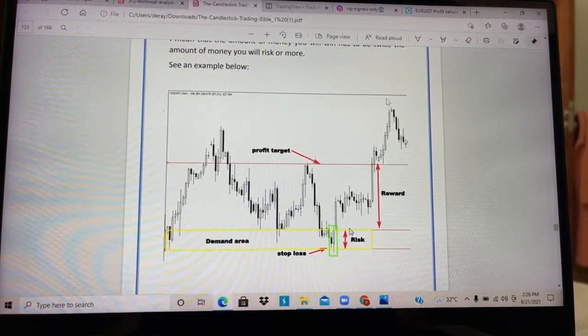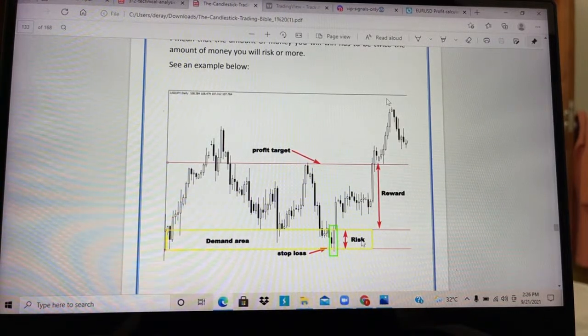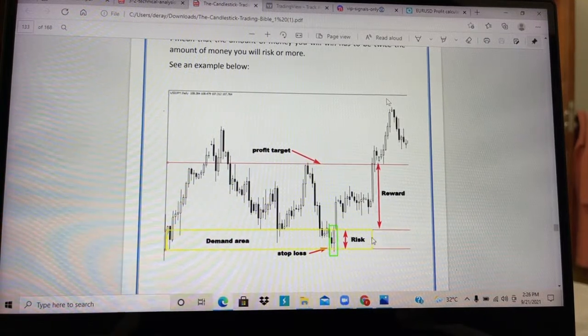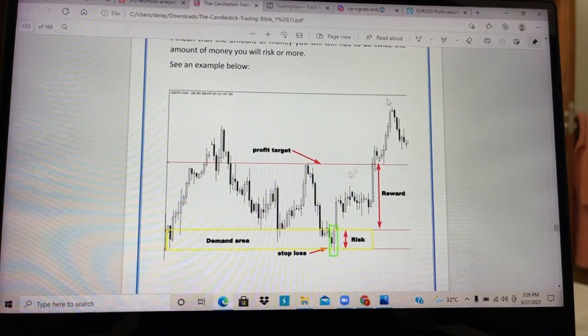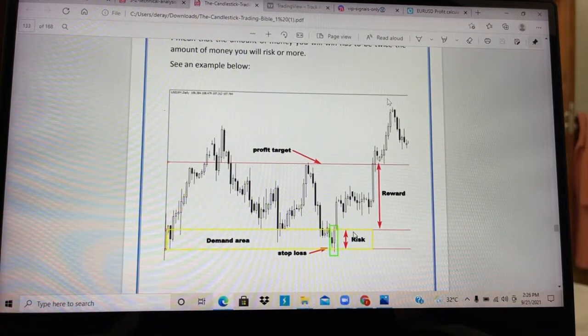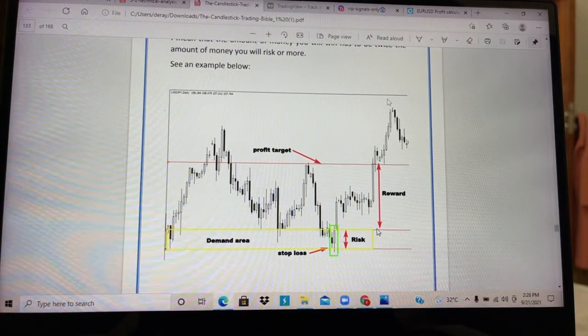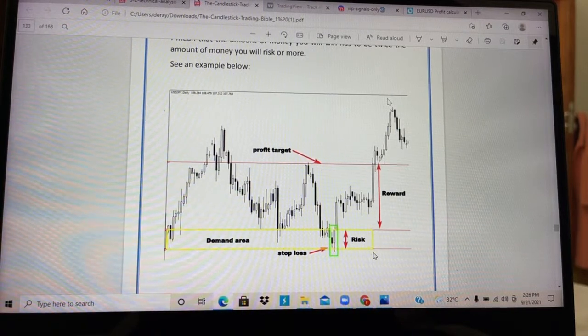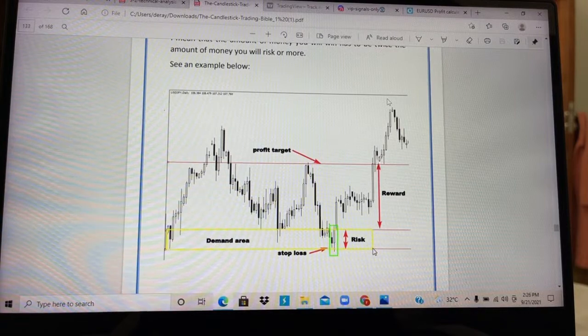You don't want to use up too much of your money to make a lot, because this investment can really multiply. The idea in trading is that you can use a little to make this much. Otherwise, every time the trade goes negative to your stop loss, you would be losing way too much.